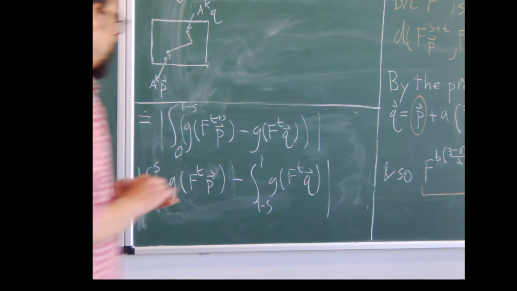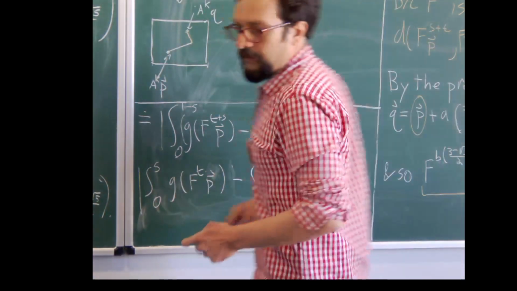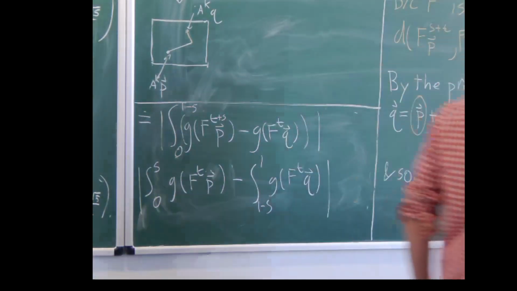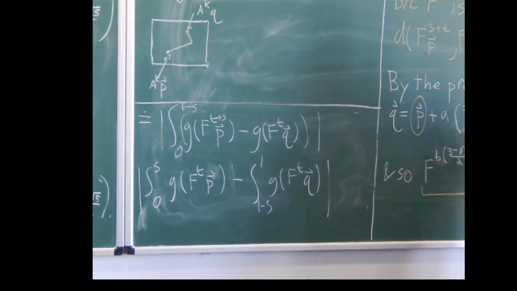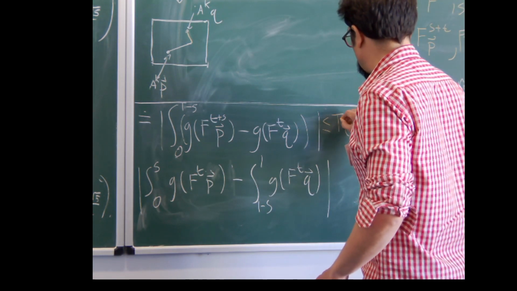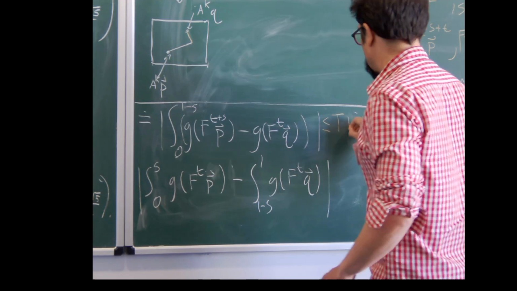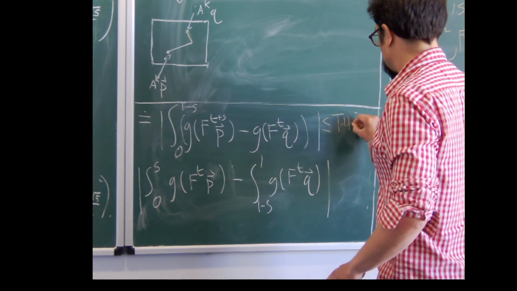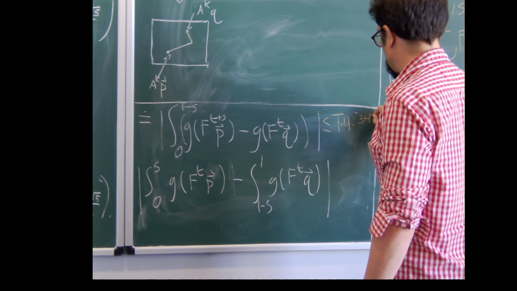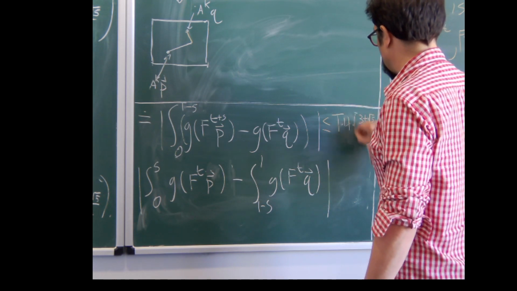Okay. So now this term is very, very small. This term is less than or equal to t times, let's say, 4 times ((3 plus the square root of 5) over 2) to the minus k.